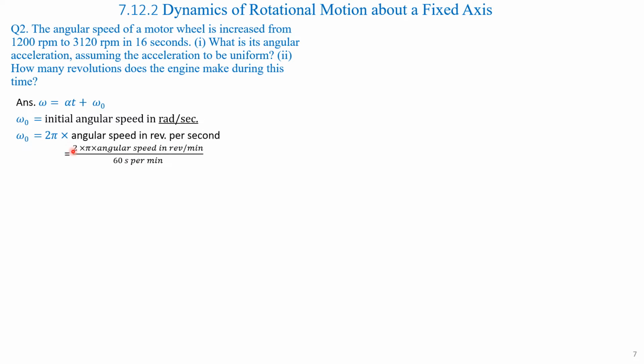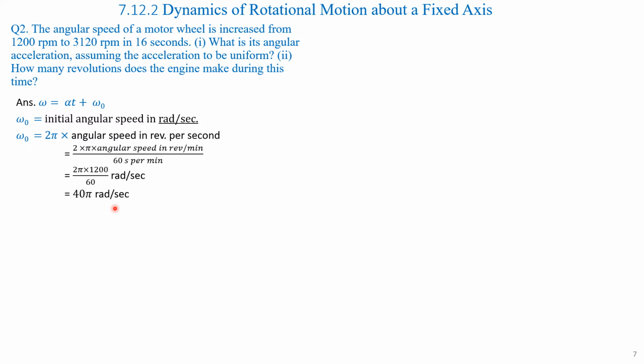Converting, we get 2 pi into angular speed in revolutions per minute divided by 60 seconds per minute. The initial speed is 1200 rpm. Therefore, omega naught is equal to 40 pi radians per second.